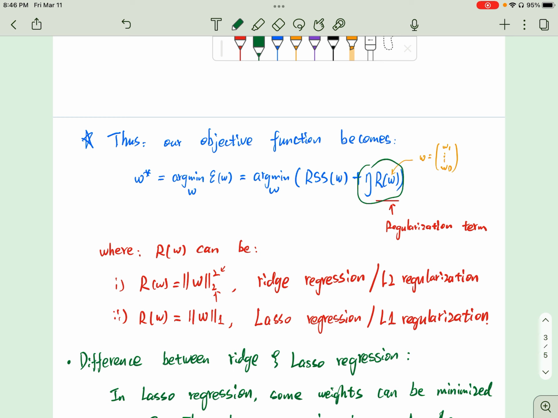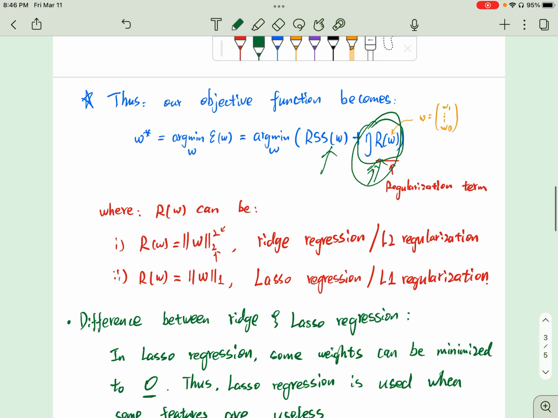Our optimization algorithm wants to minimize these two, but when we compare these two terms, the second term here would be dominant. So that means our optimization will mainly minimize the second term, which is the weights.